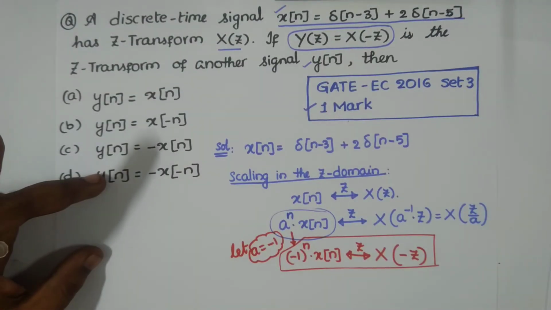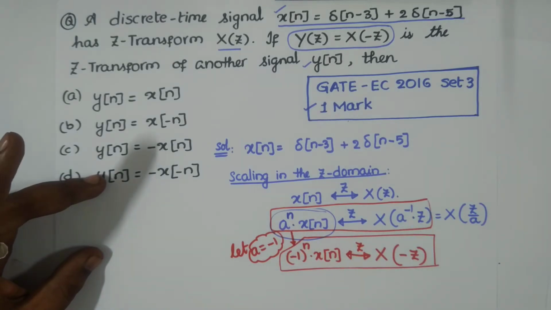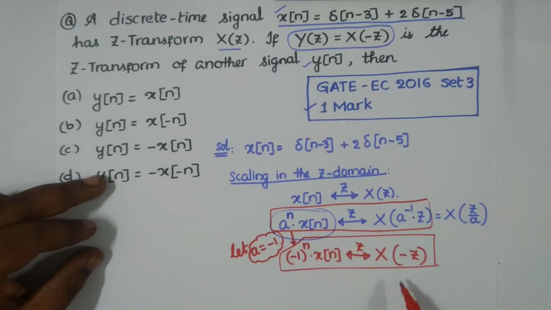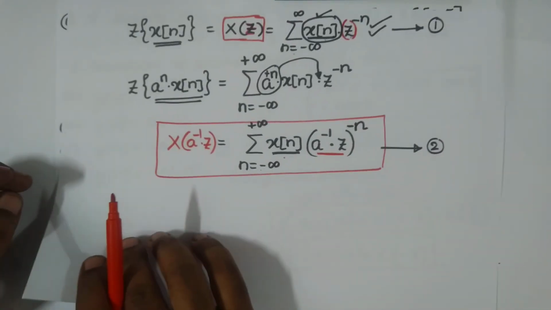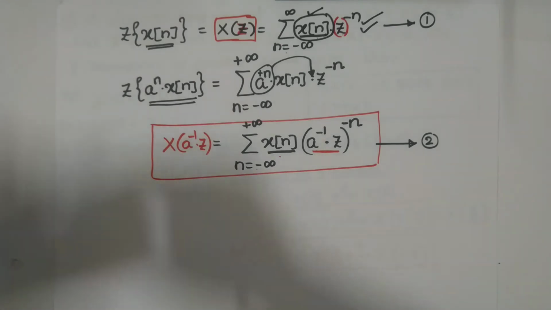All right, so anyway, the inverse of x of minus z is minus 1 power n x of n, which we will take for granted. Let me take another page.